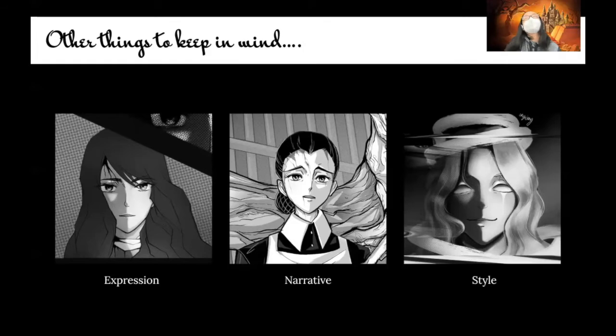What type of narrative are you trying to convey? And what elements are you going to utilize to convey this narrative? And then lastly, style. There are so many different styles of digital art, of character art. What style are you trying to do? And basically, what stylistic elements will you utilize to link into that particular style?